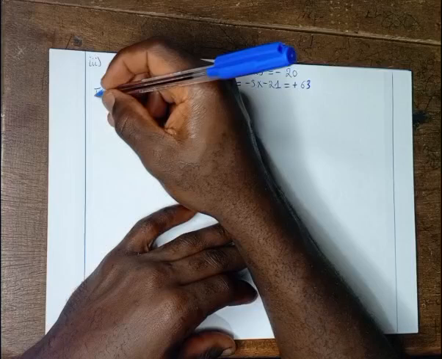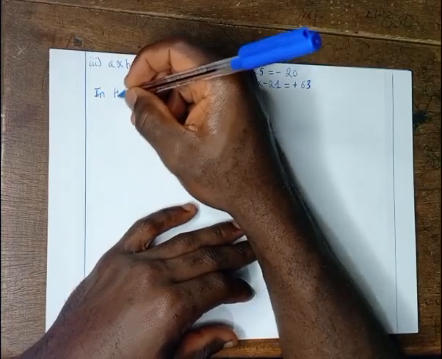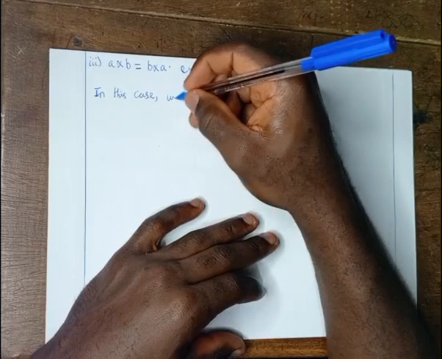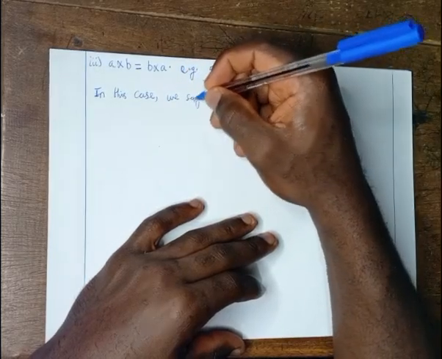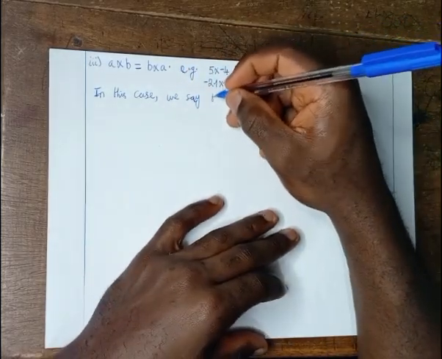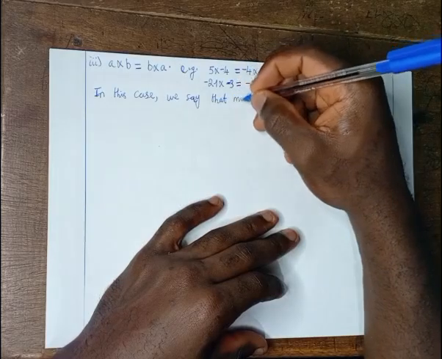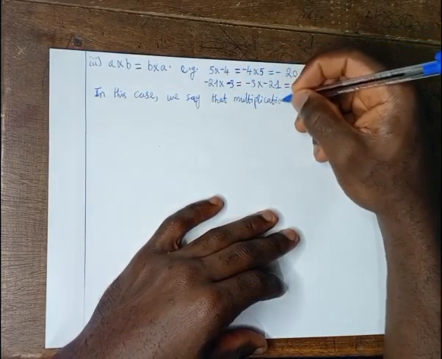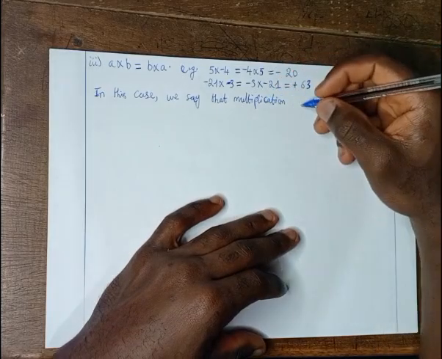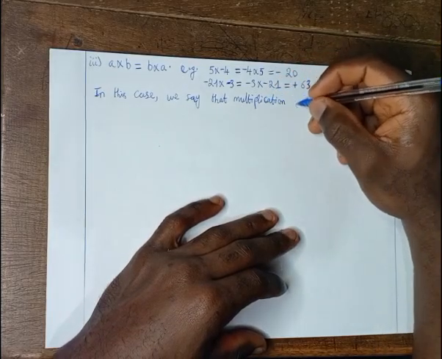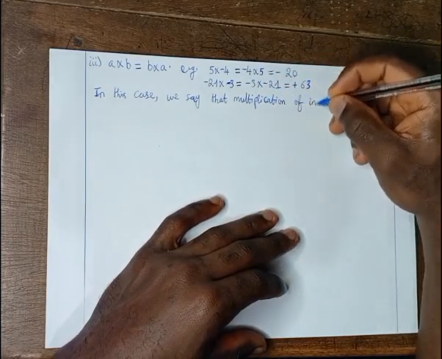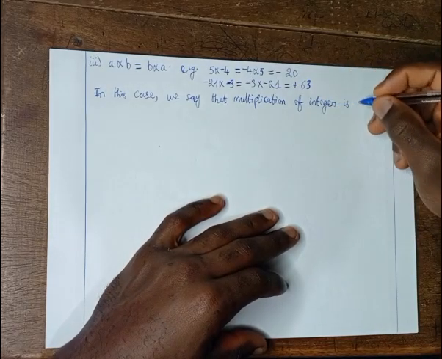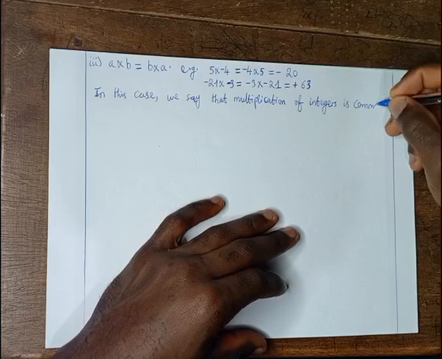So in this case, we conclude by saying that multiplication of integers is commutative.